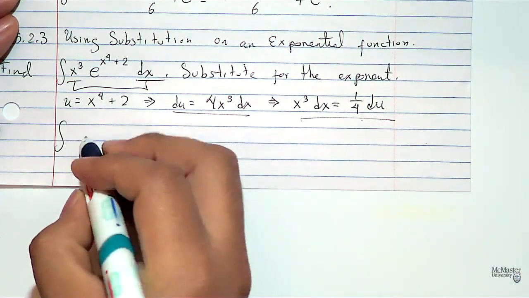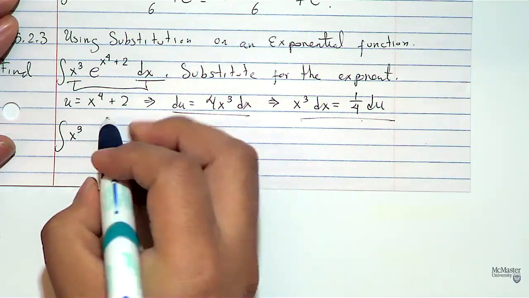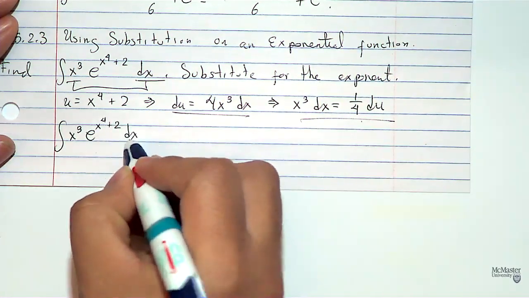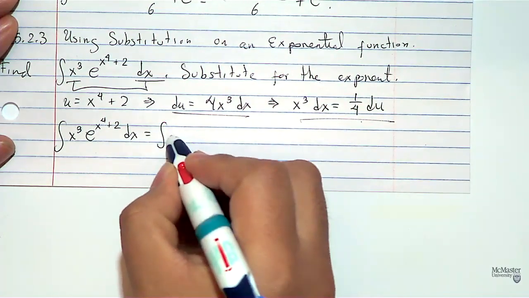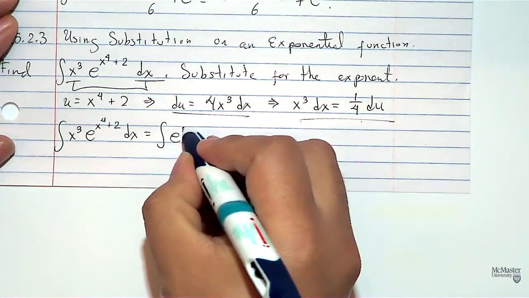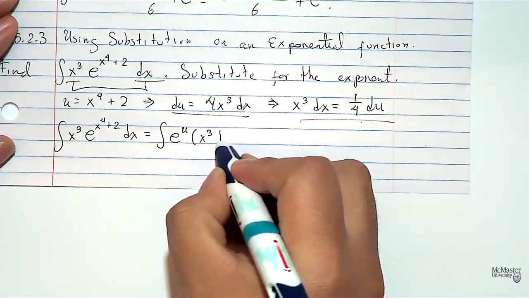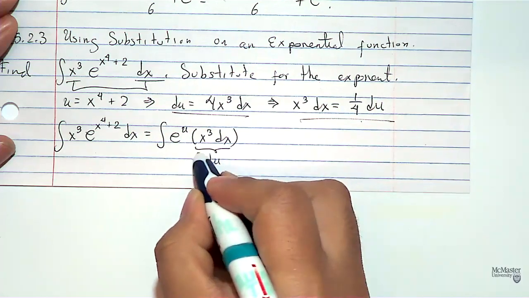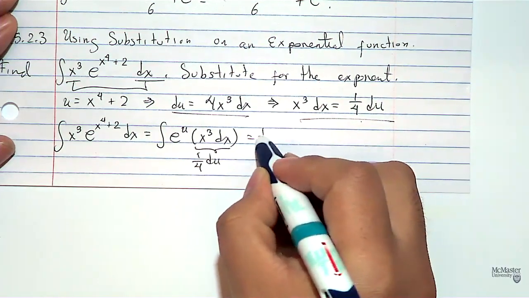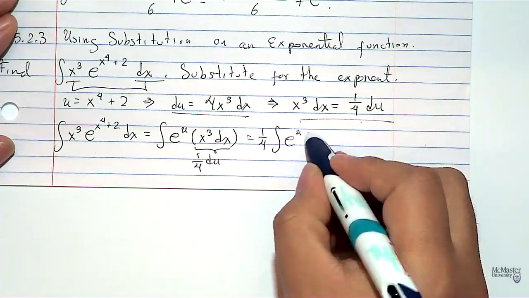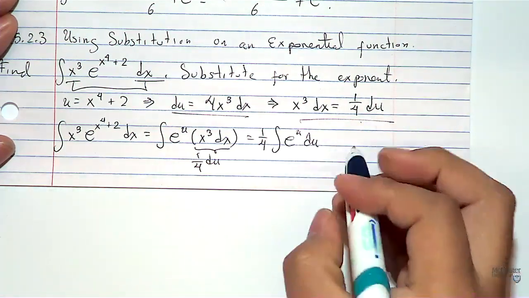Now we do this, so x cubed e to the x^4 plus 2 dx. If you want, let me group it in a way that it's intuitive for you, but it's like the middle of the work. It's e to the u, and then I have this factor x cubed dx, which is actually du over 4. So if I substitute, this is 1/4 of e to the u du, because the constant came out.